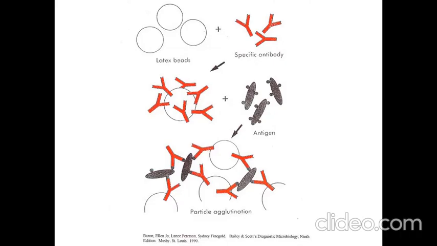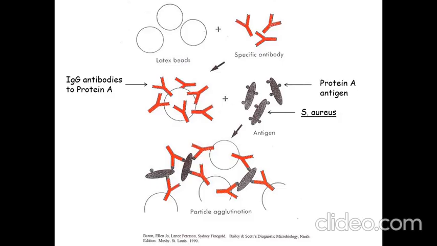A better way to look at it, a better visual, is we have latex beads with that specific antibody on there. The IgG antibodies are targeted towards protein A. Protein A is those little lumps on these organisms, which are Staphylococcus aureus, even though they're horribly shaped to be Staphylococcus aureus.